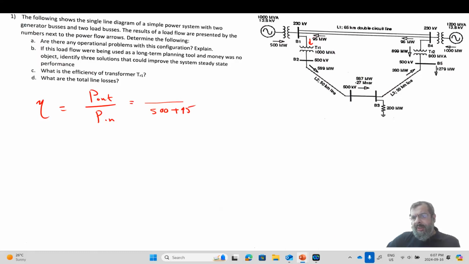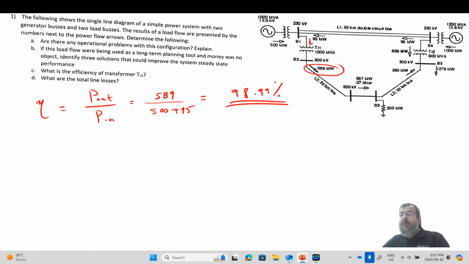The output is 589, and this gives me 98.99%. This is a typical efficiency of power transformers, between 98 and 99%.